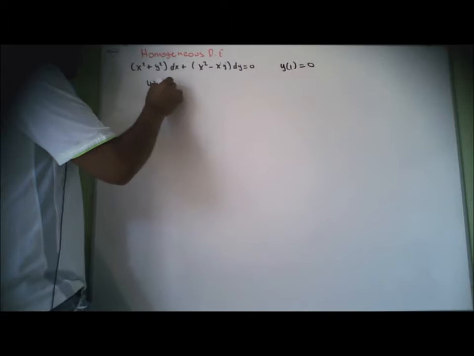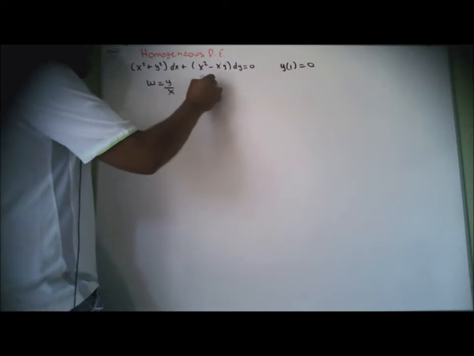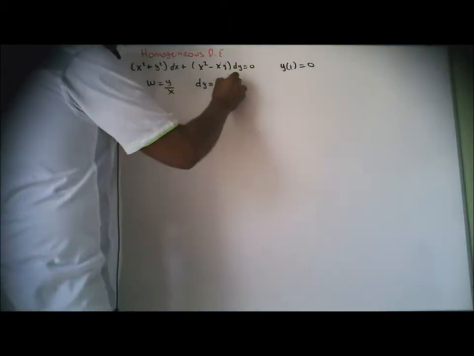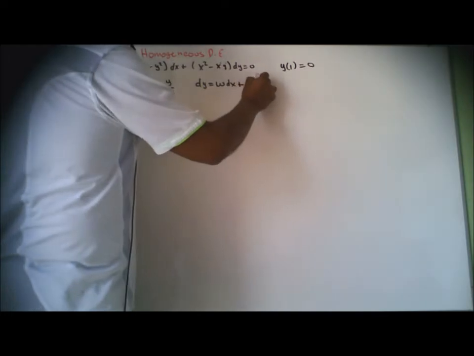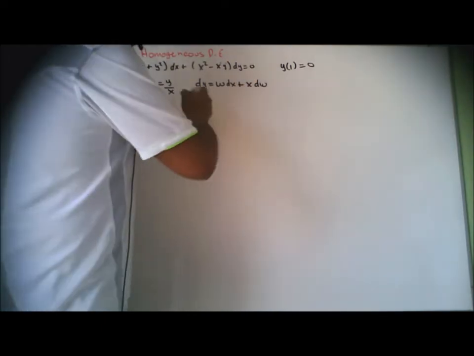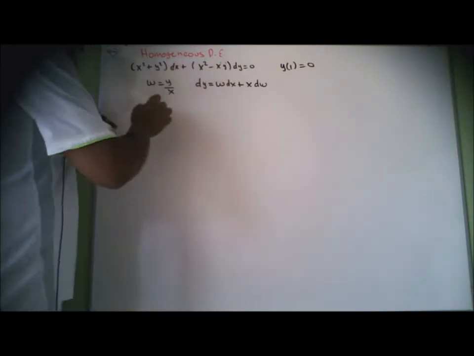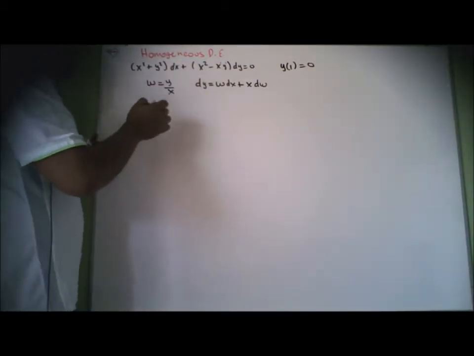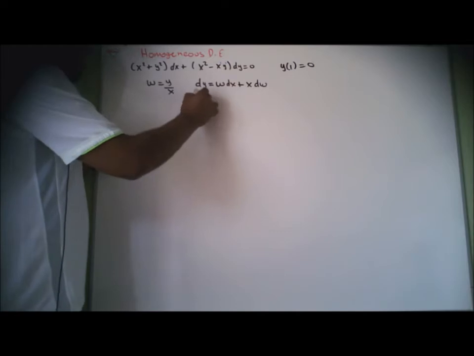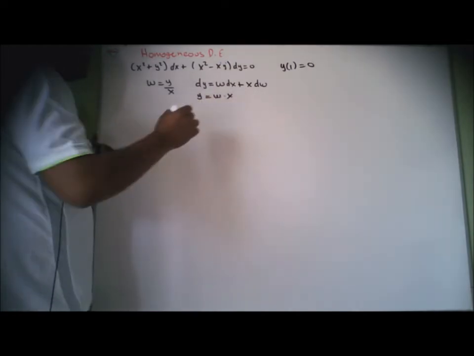Now, the formulas that we discussed: w is equal to y over x, and the differential of y is equal to w differential of x plus x differential of w. I'm using these formulas because here we have differentials. So let's do the variable change. Here y is equal to w times x, so you are going to replace the values of y.